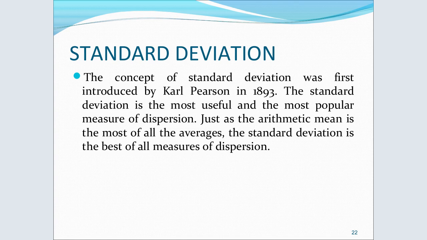So when you are told to find the coefficient of variation, it will be given by our standard deviation, 1.854, divided by our mean, 6.4.